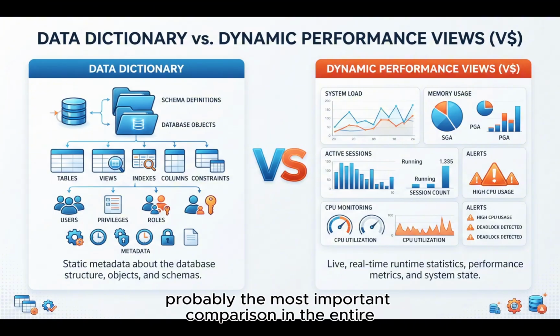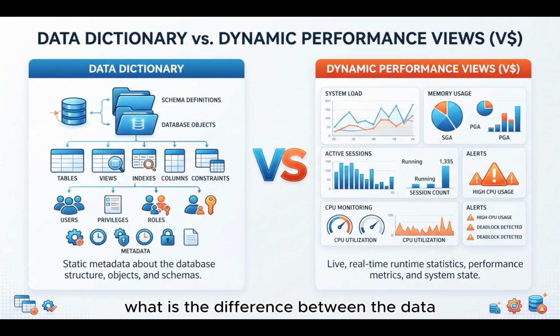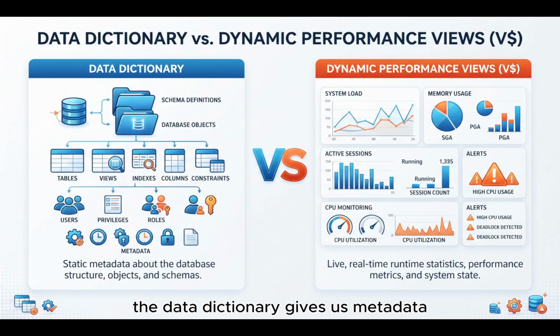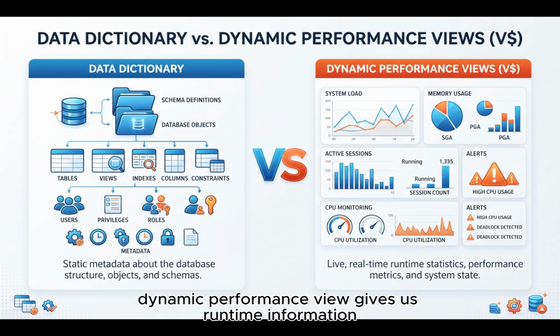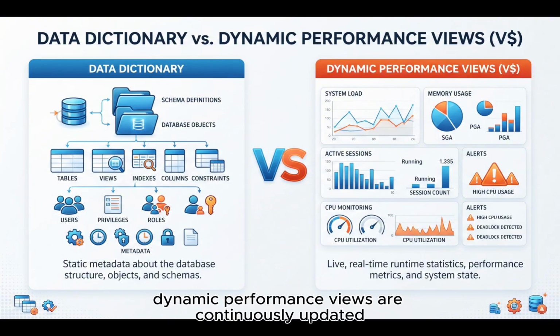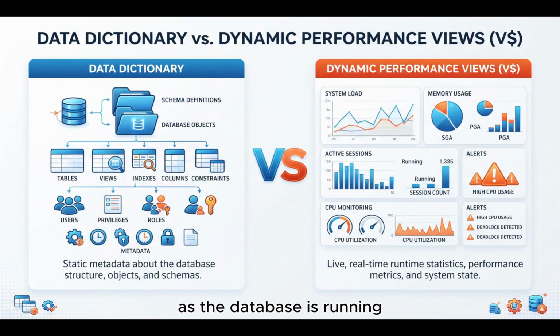Now, this is probably the most important comparison in the entire lesson. What is the difference between the data dictionary and dynamic performance views? Here is the easiest way to remember it: the data dictionary gives us metadata, dynamic performance views give us runtime information. The data dictionary is mostly static information about the database. Dynamic performance views are continuously updated as the database is running.